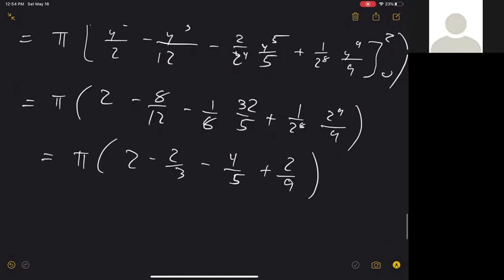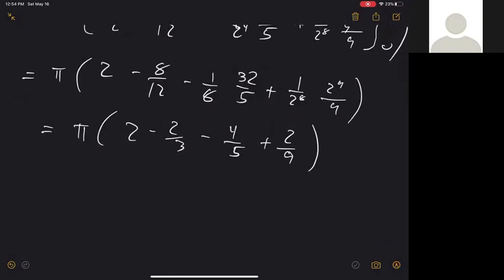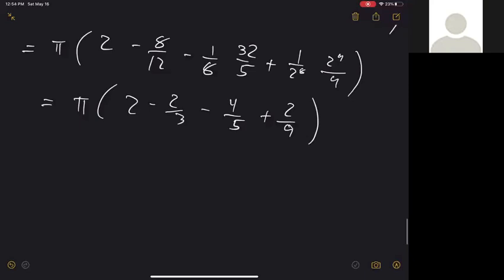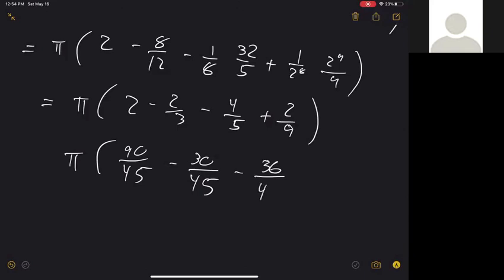Okay, so I get this. Now I just need to combine all these fractions. What's the lowest common denominator? I don't know about lowest, but we could do 45 for sure. So 90 over 45 minus 30 over 45 minus 36 over 45 plus 10 over 45.